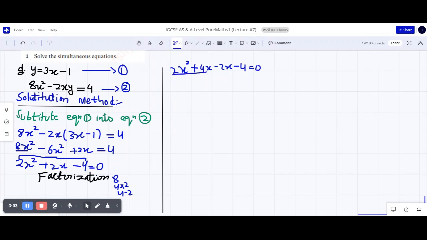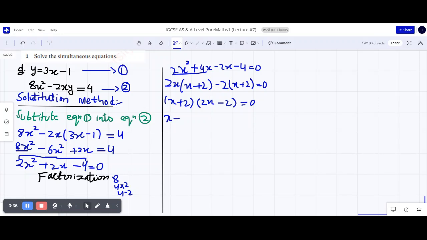So here we will take the common from the first two terms. 2x is common, we will take it out, and x plus 2 is left here, then minus 2 is common, so it would be x plus 2 equals 0. Now we will take the common again, so x plus 2 is common, and the remaining term we have is 2x minus 2, we will make pairs.